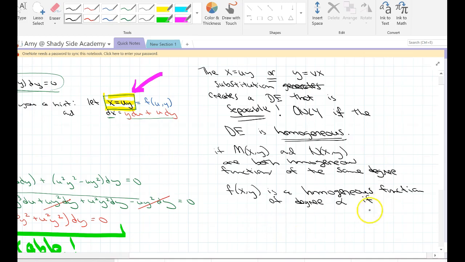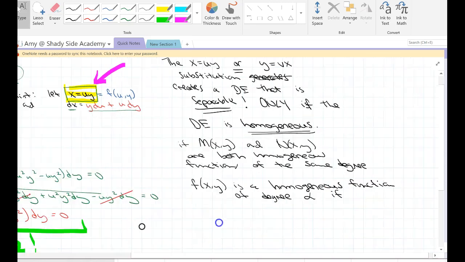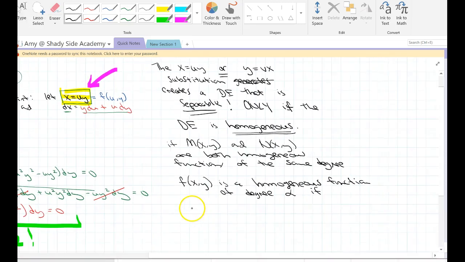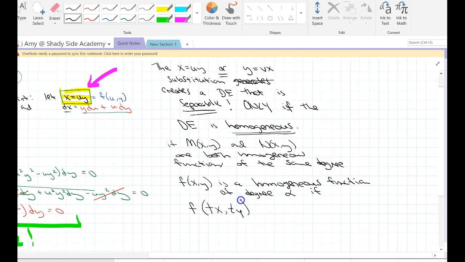If f of tx comma ty equals t to the power of alpha times f of x comma y. Okay? Let me give you an example.